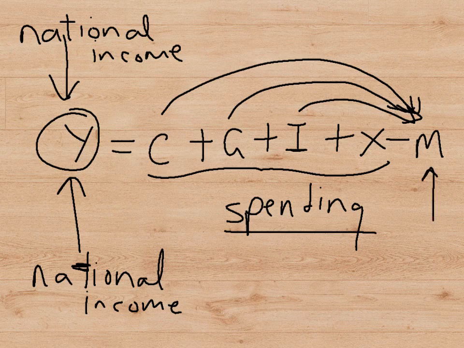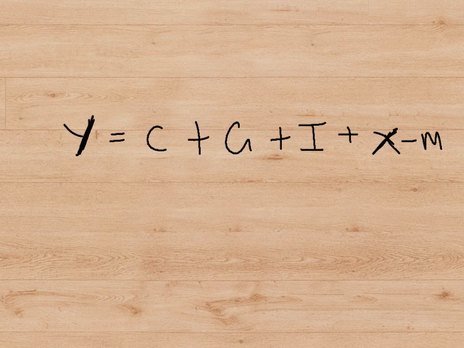That's imports. So really, the national income equation, the GDP equation, is Y equals C plus G plus I plus X, but minus M. We are subtracting that M in order to make this equation true.